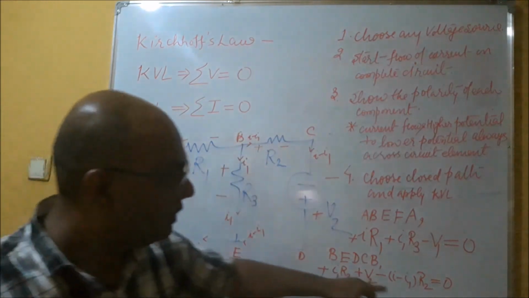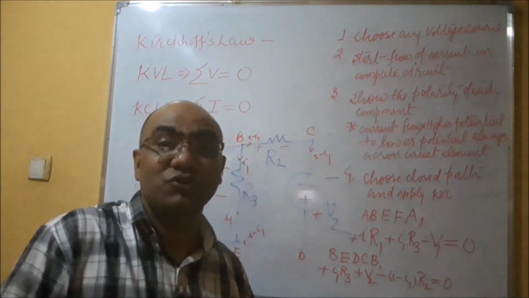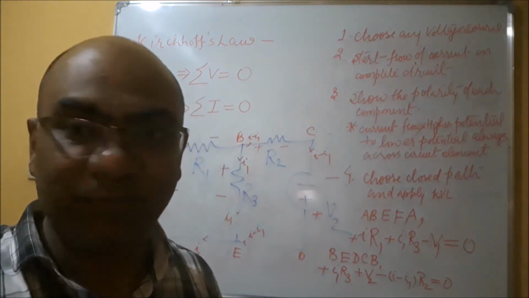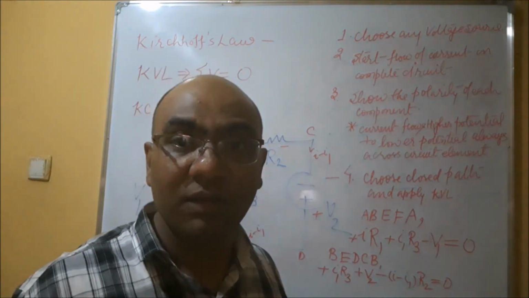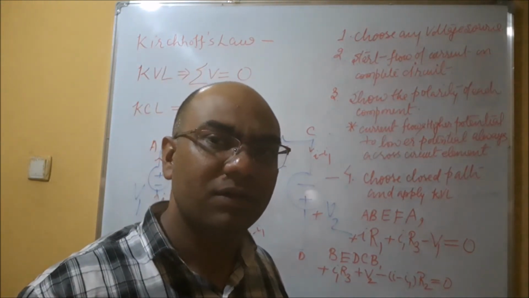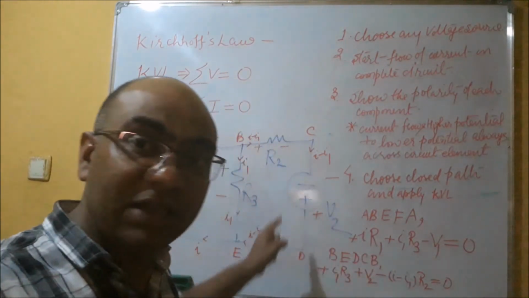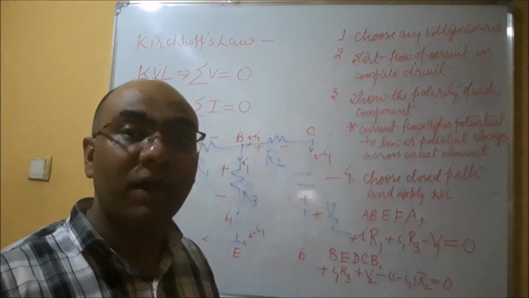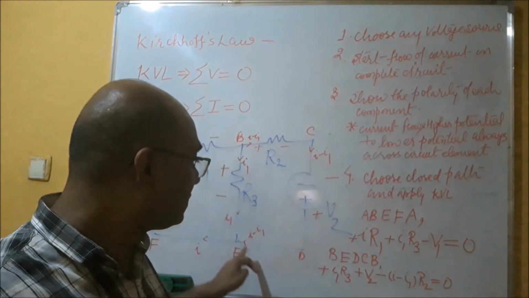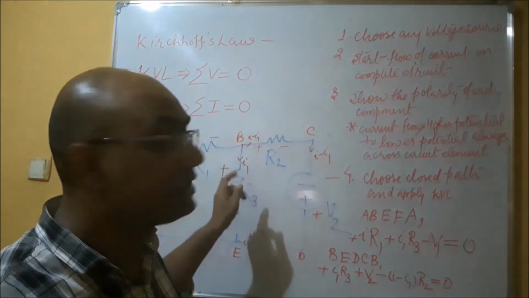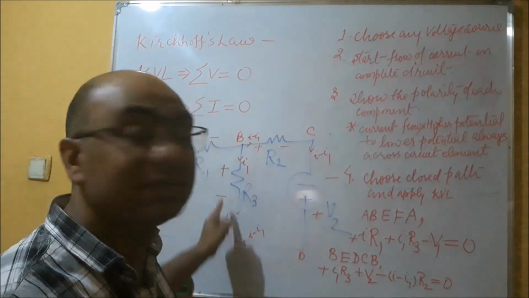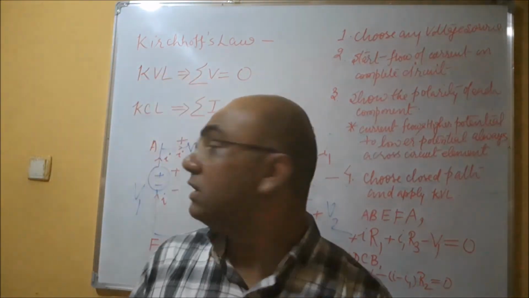So finally, the algebraic sum should be 0. Is it fine? Again, for more understanding, now I am taking the same loop, but since this time I took anti-clockwise, now I will take clockwise and see what will be the difference.